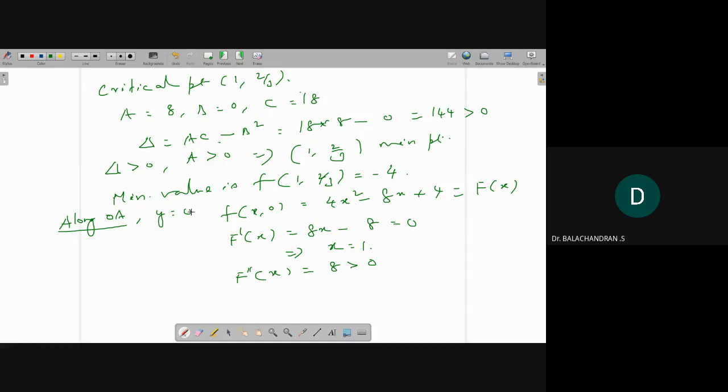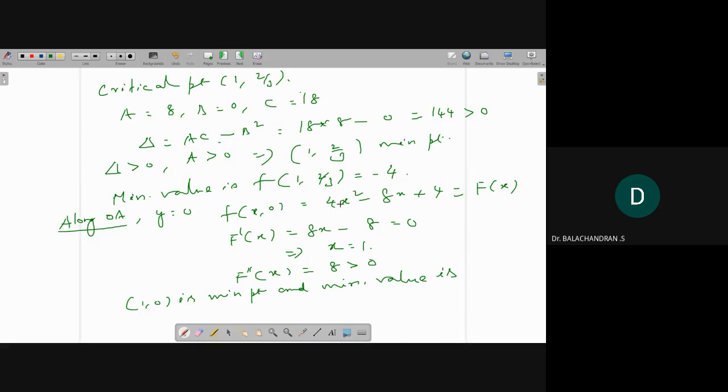So f of 1 comma 0, 1 comma 0 is a minimum point, and the minimum value is, you can substitute 1 comma 0 in the original function or substitute x is equal to 1 in this function.